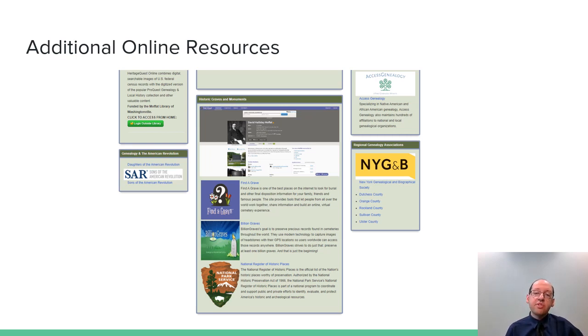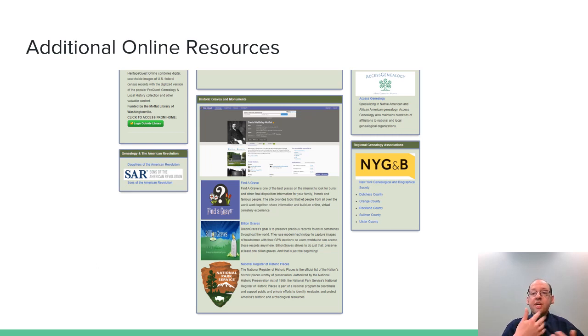We also have links to local historical societies as well as genealogical societies that may be of interest to you. So if your relative lived in Sullivan County, we have a link to the Sullivan County Genealogical Society. If you have a connection to Ulster, Dutchess, or the other counties that neighbor us, we have links to those organizations as well.